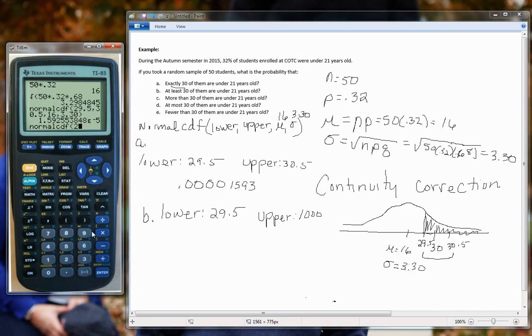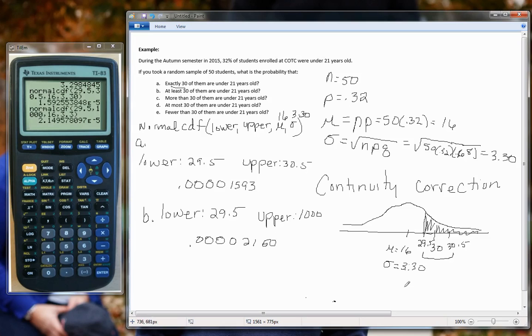We're going to do 29.5, comma, 1,000, and then our mean and our standard deviation stay the same. Okay, again, we get a really small value here. We're going to have to move 5 decimal places to the left, but we see it's 0.0002150 if we round to 4 decimal places.